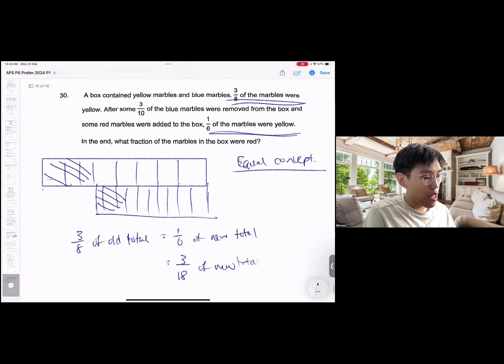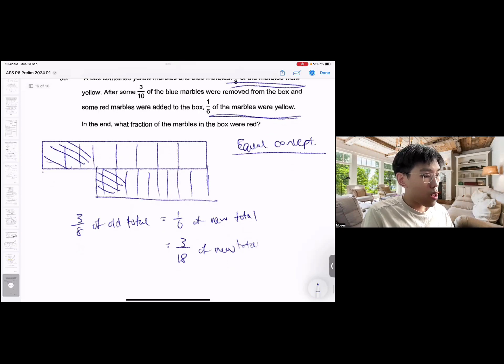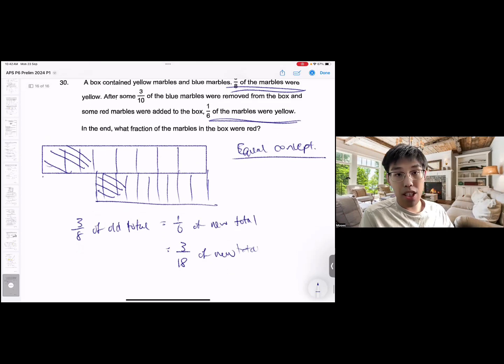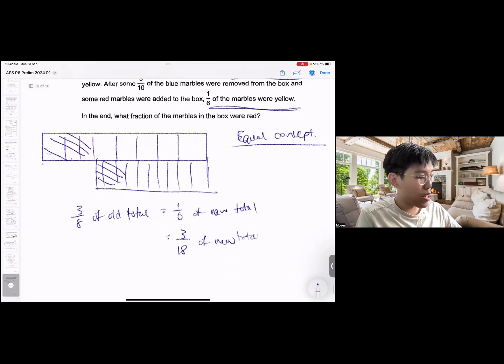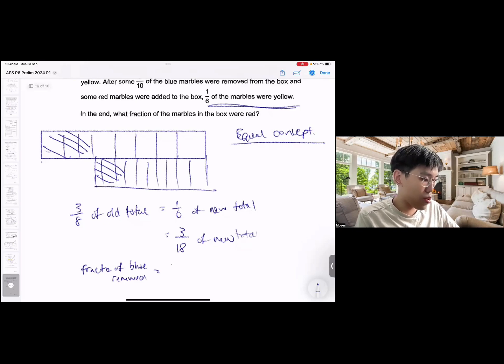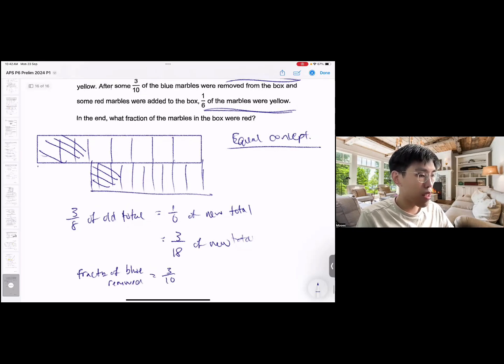Okay, so from here, 3/8, 1/6 of the marbles are yellow. So we find what is the fraction of the blue marble that is removed. So it will be fraction of blue removed. Okay, so it will be 3 out of 10.